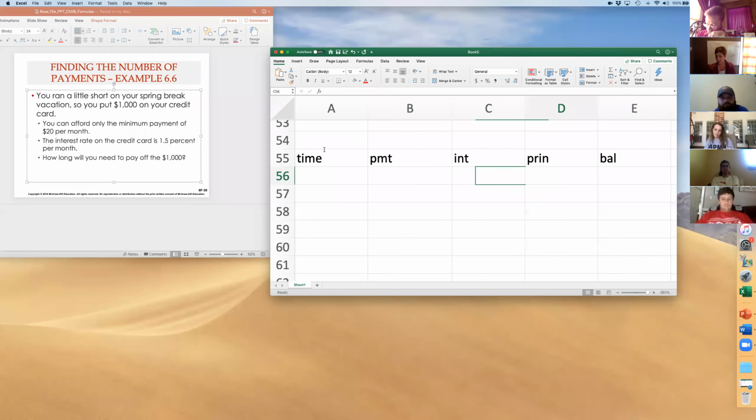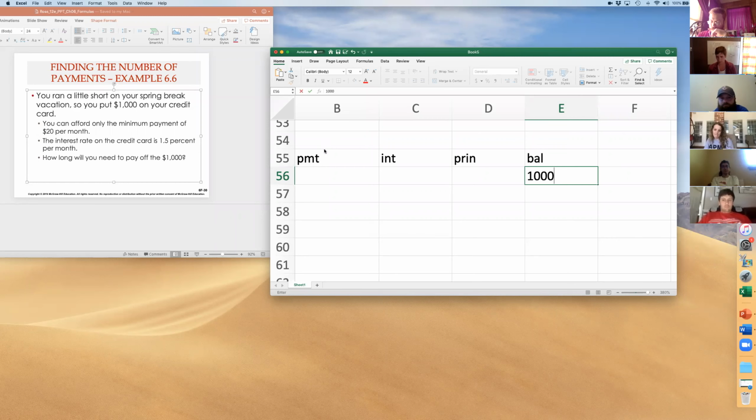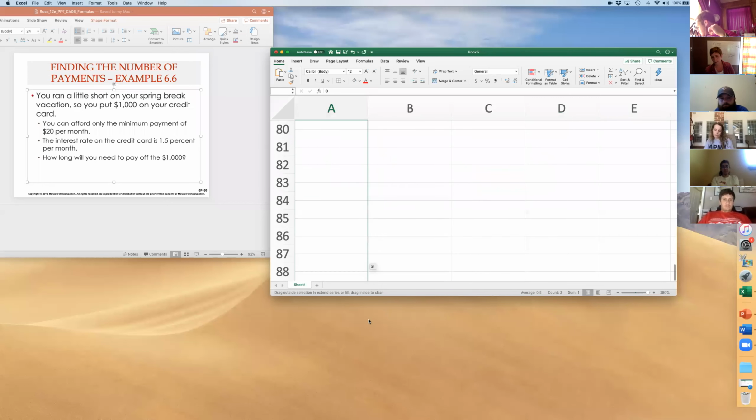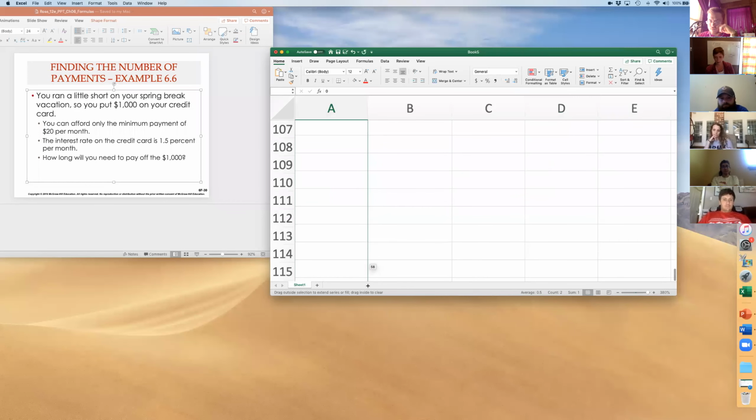And our balance starts out here at $1,000. And I'm going to put in some time, but I don't know what the time is. I do because we've already calculated it, but I'm just going to go out here. That's good enough.